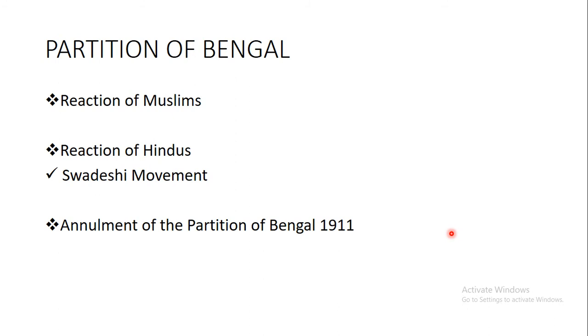When the huge province of Bengal, on the advice of Lord Curzon, was divided into two parts, automatically Muslims became the majority in the eastern side of Bengal. Muslims were very happy over the partition of Bengal because their position was now dominant, and you know it well, majority is always an authority.